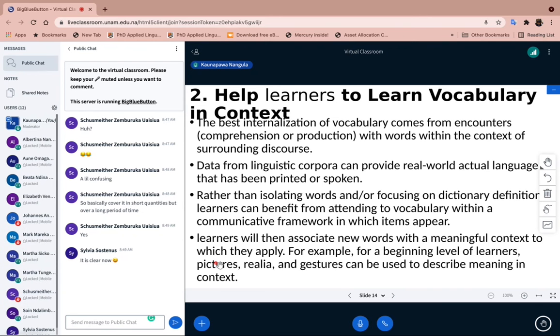Unless they all understand this one native language, then maybe you can explain the meaning in the native language. But for beginners, you can use pictures, realia, and gesture to really help them understand the word in context. All right.